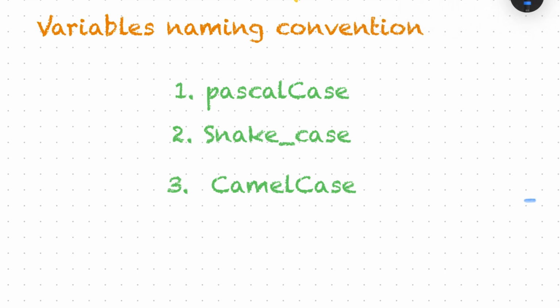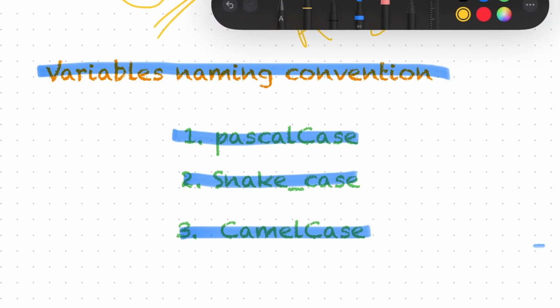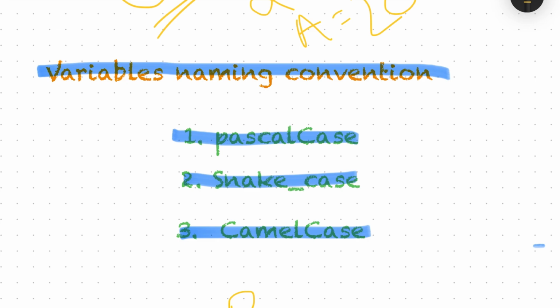For declaring variables, there are some naming conventions that are used, such as Pascal case, snake case, and camel case. In one style, we start with a small letter, and when the first word is finished, we write the next word with a capital letter.